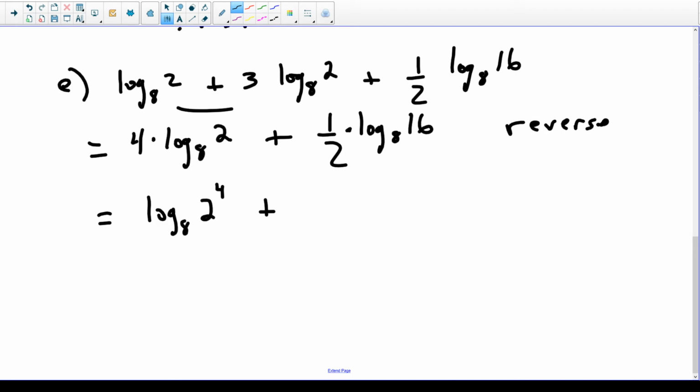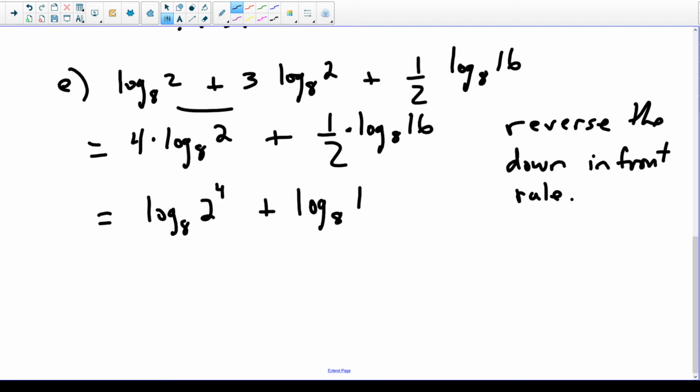Reverse the down in front rule, which I used to jokingly call the up and back rule in class. So we're going to bring that power of 1/2 back up to the exponent position. Well, that is going to allow me to actually do 2 to the power of 4.